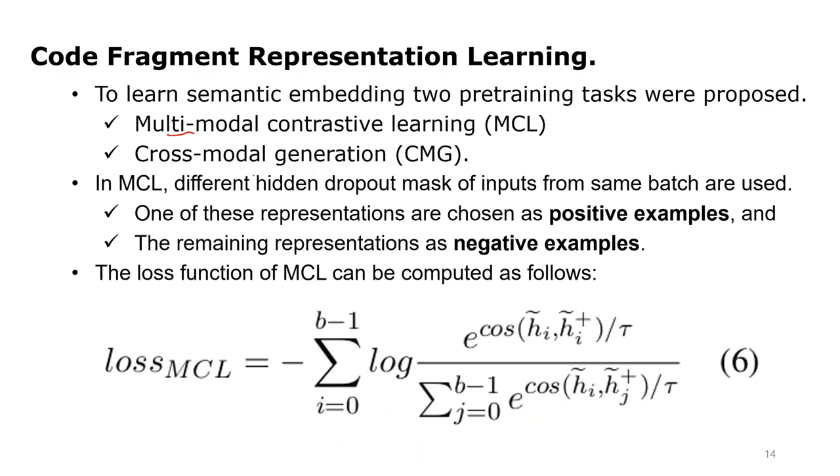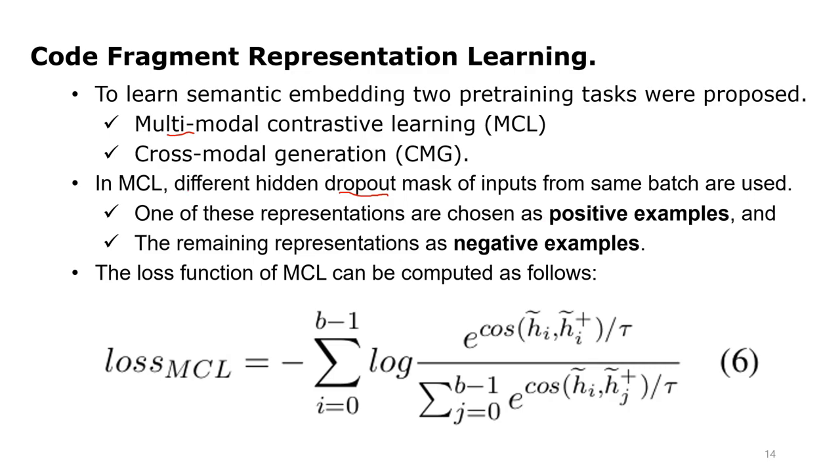Contrastive learning uses dropout variation for creating augmented inputs. Actually, the dropout technique is applied on the hidden representation of the source code. The second one, cross-modal generation, is the generation of comments from source code. You'll see it in a later slide.